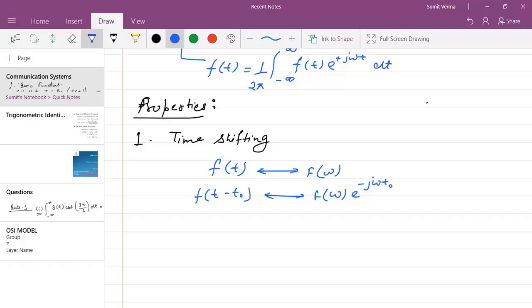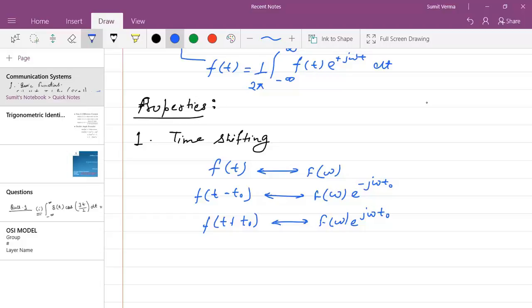So you can see there is an additional multiplication factor of e to the power minus j omega t naught. Similarly, if you take this as f(t plus t naught), the same multiplication factor with a different sign, so e to the power j omega t naught. So this is your time shifting property of Fourier transform.